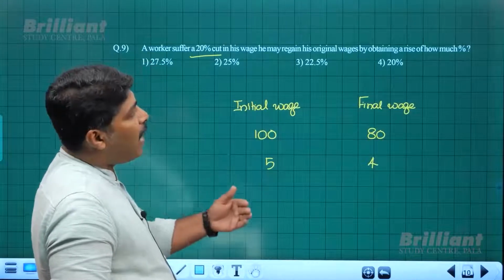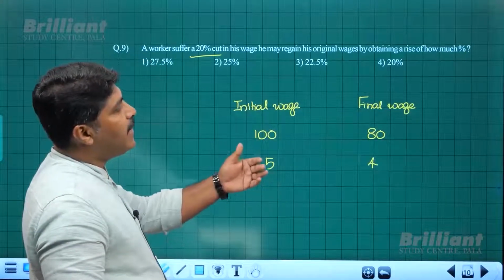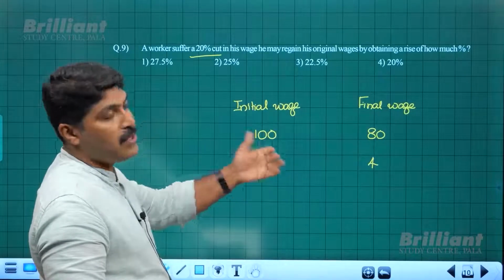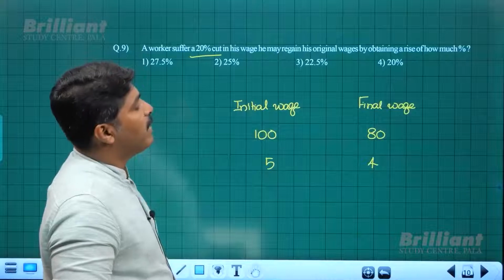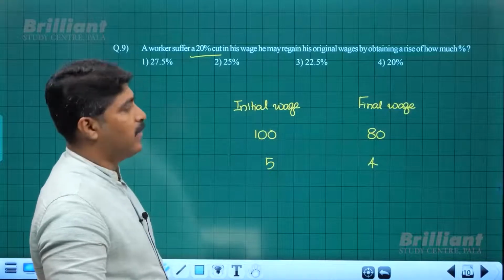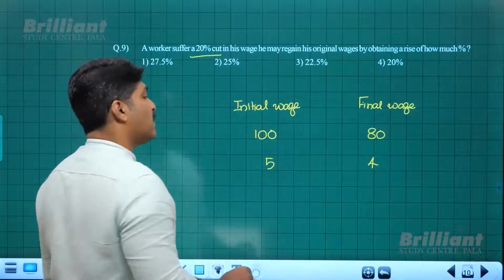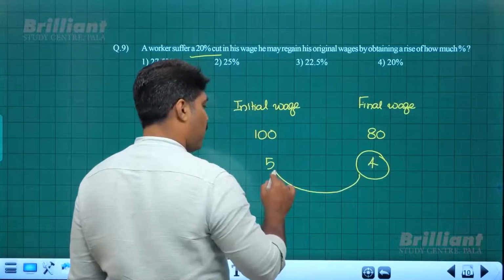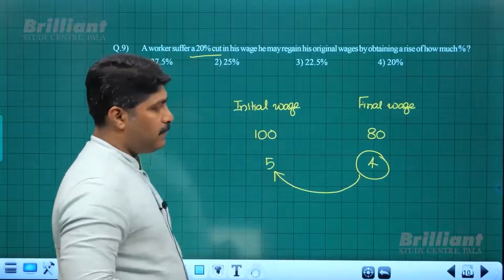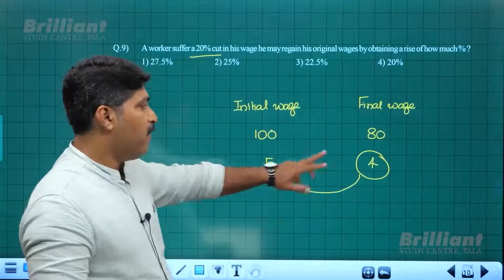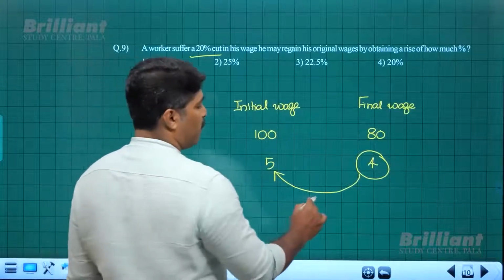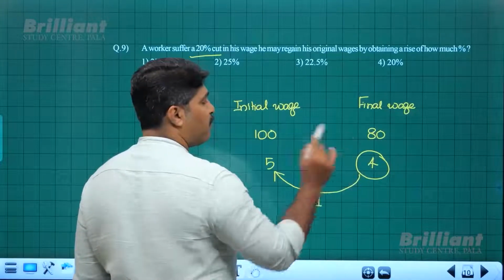Here we have to consider this person required to reach his initial wage. So what is the percentage of rise it's required? Therefore, here we just consider if we need to make this value as 5. So that's a return process from 4 to 5. What is the required increase? So here we know that it's increased by 1 from 4.